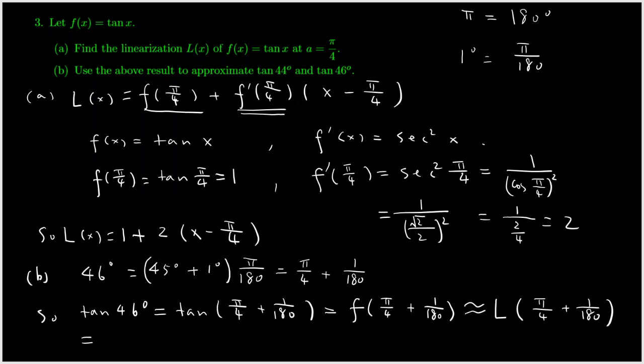The linear function is 1 plus 2 times the x value, which is pi over 4 plus 1 over 180, minus pi over 4. Amazingly, the final answer is not in terms of pi.